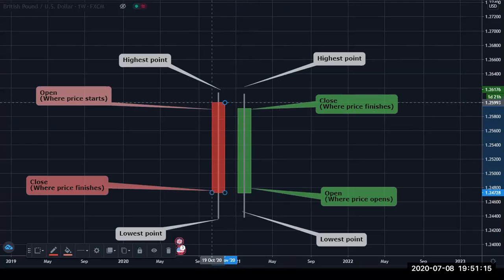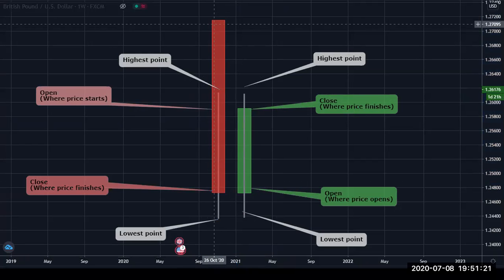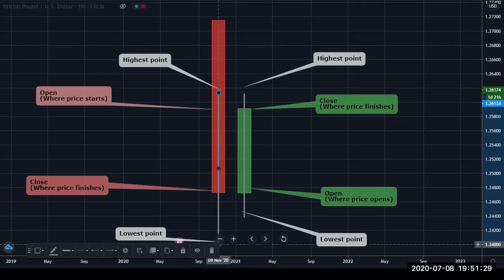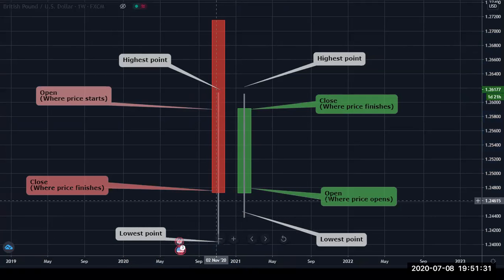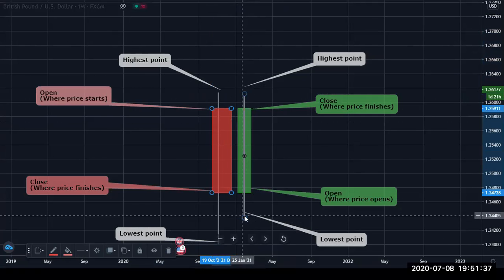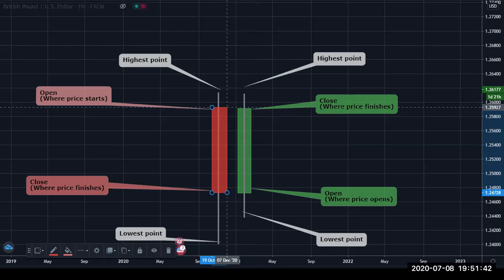Sometimes you'll see some bearish candles like this that go down very aggressively, come all the way down here, but not close, and it'll come back up.